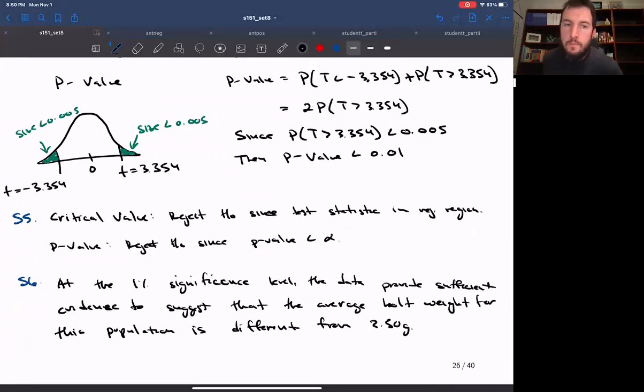Okay, so I have here at the 1% significance level, the data provides sufficient evidence to suggest that average bolt weight for this population is different from 2.50 grams.